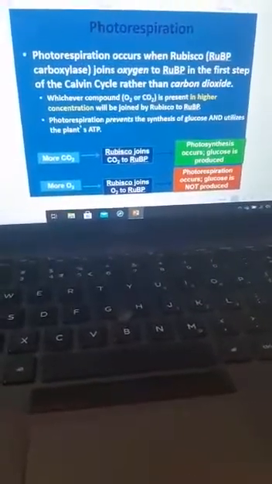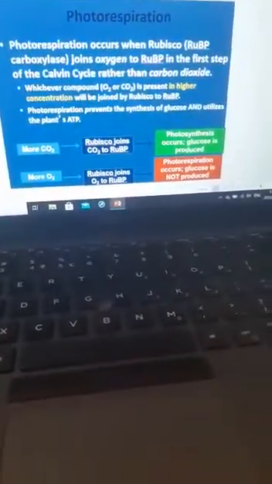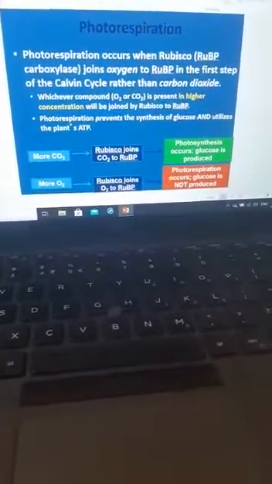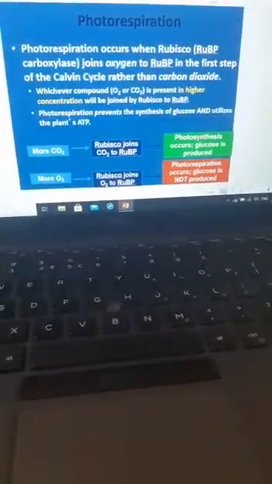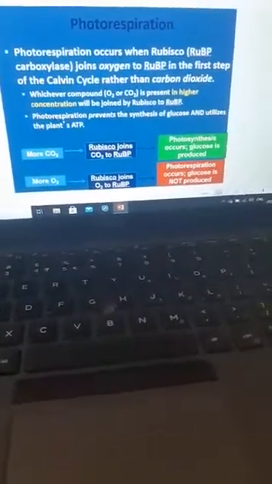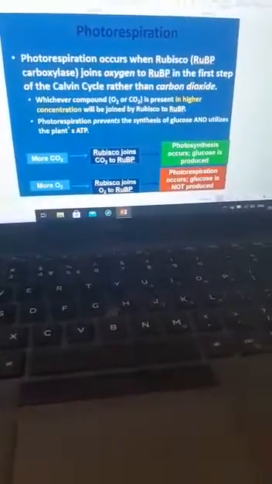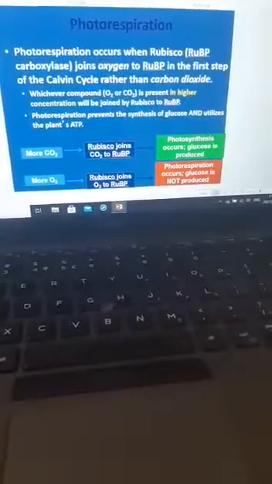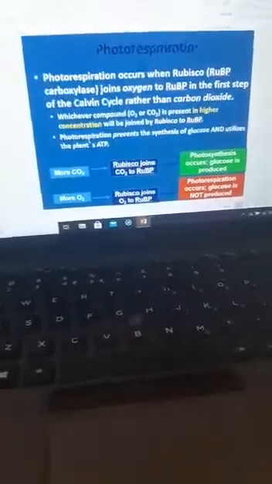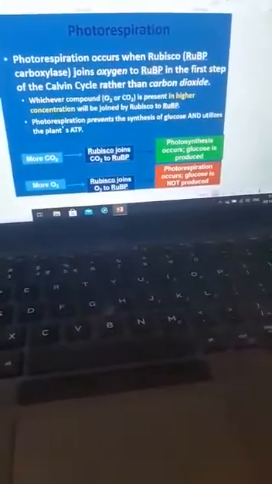And remember, when the stomata of the leaf of a plant open, it is not strictly only CO2 that enters into the leaf. It is air, and in the air there is carbon dioxide, there is oxygen, and there are other gases. And if in the air there is more oxygen, then the enzyme will allow oxygen to attach to RuBP.